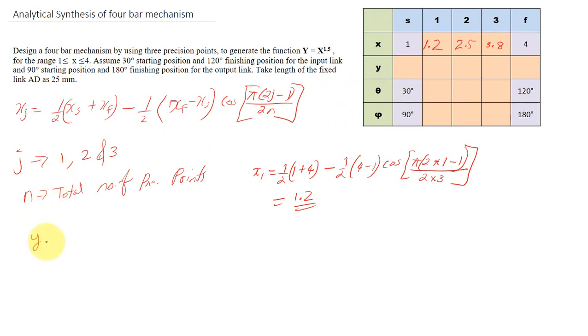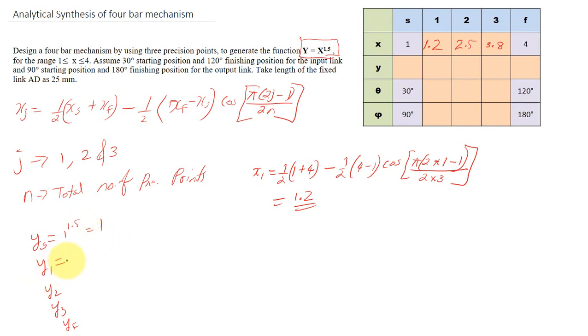Next you are going to calculate the value of y. There you have to calculate ys, y1, y2, y3 and yf. From the question, the equation is y is equal to x raised to 1.5. For ys, the x value will be 1, and 1 raised to 1.5 is equal to 1 itself.